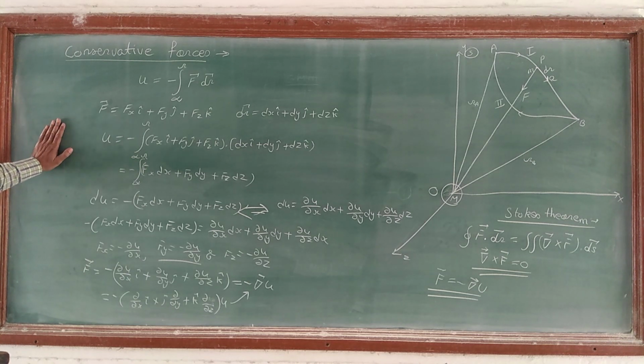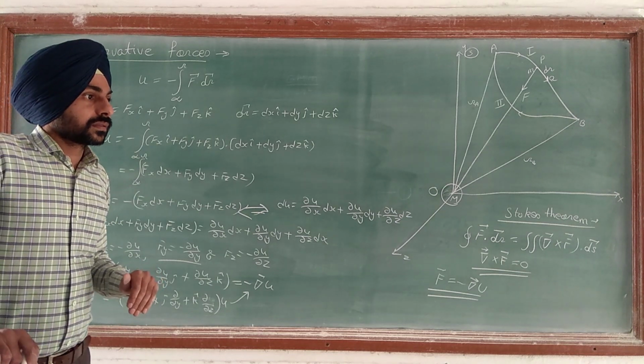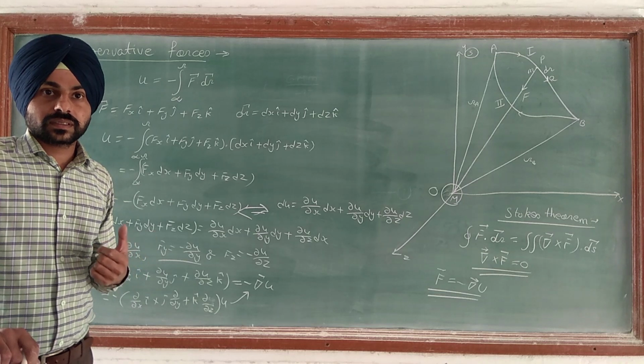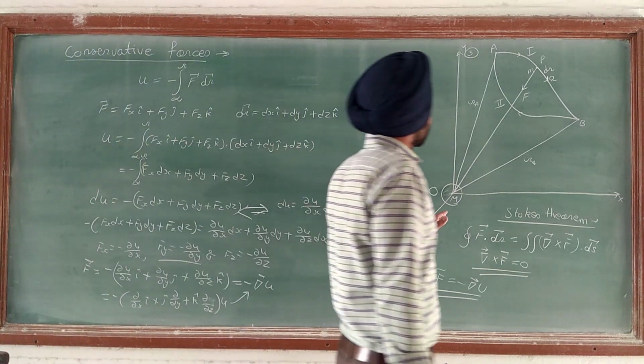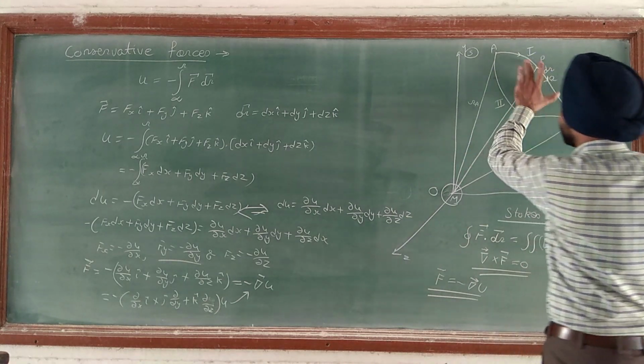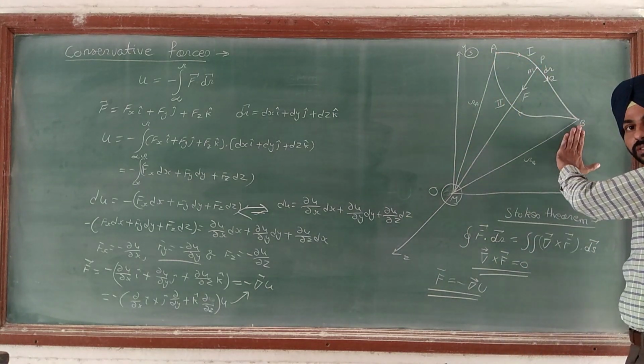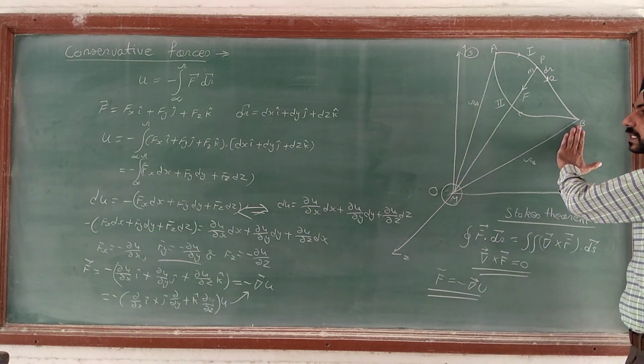Finally, we have three ways to know about the nature of force. If a force is independent of the path followed and dependent on the initial and final conditions, then the force is said to be conservative.